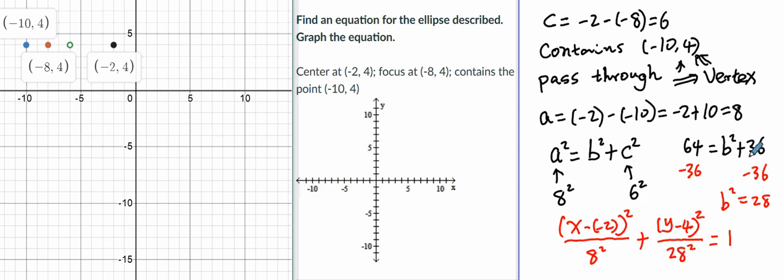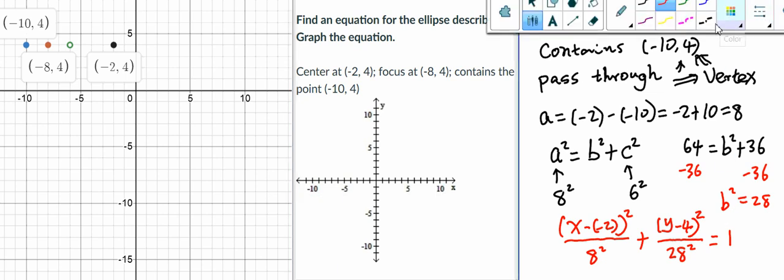C squared is 36. Both sides subtract 36. On the right-hand side, you have b squared alone. Left-hand side is 64 subtract 36. We got 28. So that's b squared. You may choose the radical 28 to get b. That is not necessary.